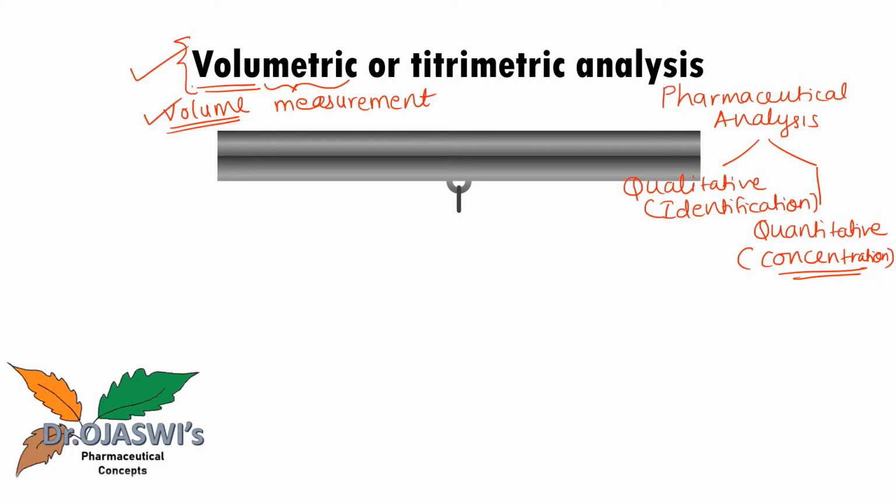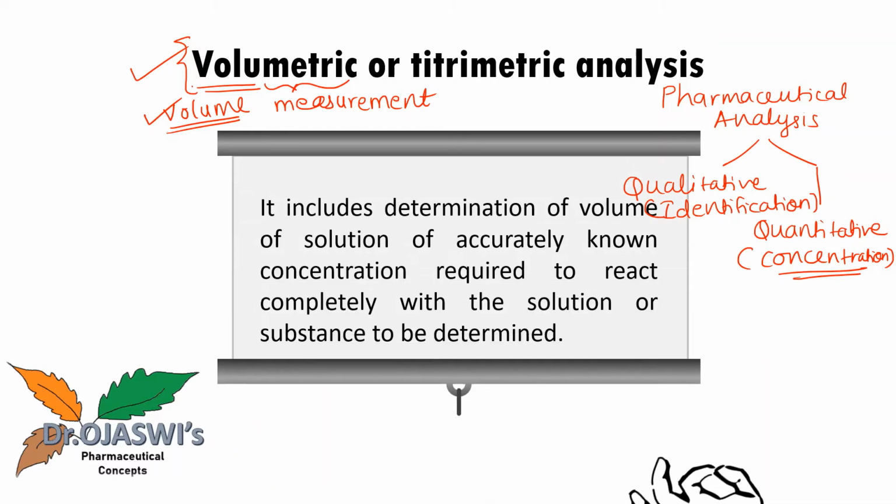Let us see the definition. It includes determination of the volume of a solution of accurately known concentration required to react completely with the solution or substance to be determined. The solution or substance to be determined, I generally call it the sample. Why do I call it the sample?